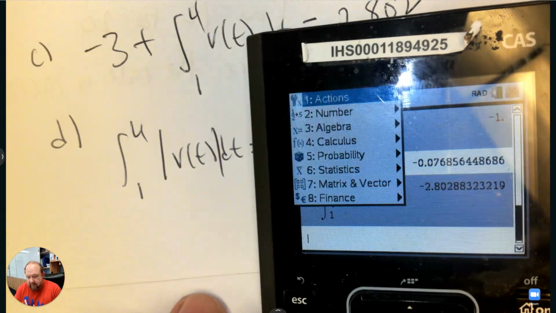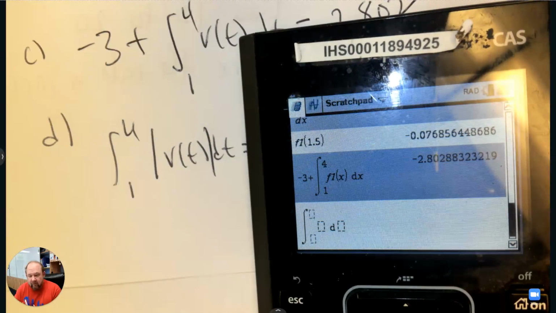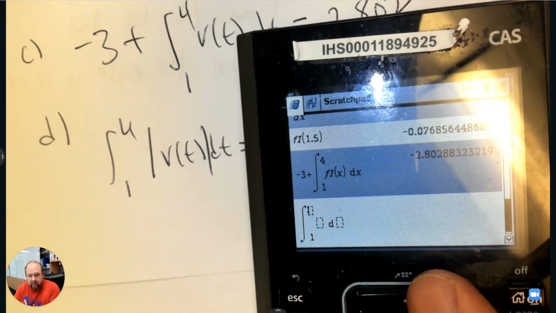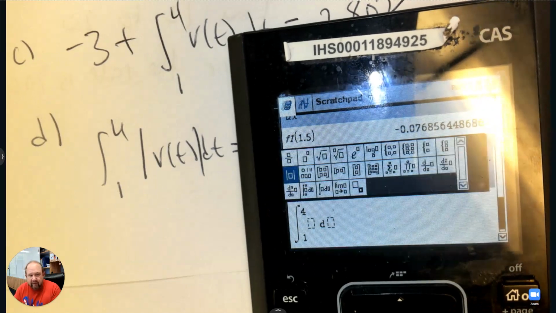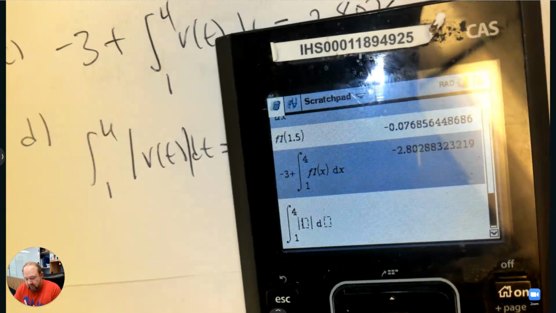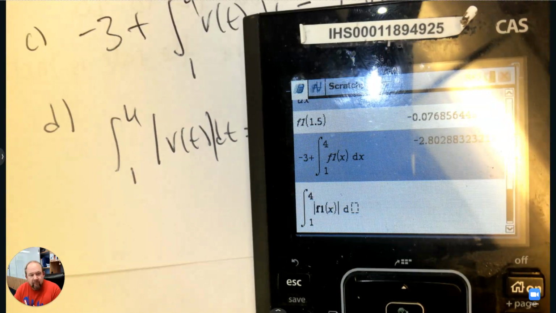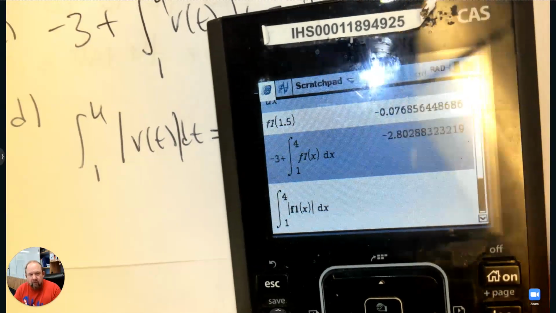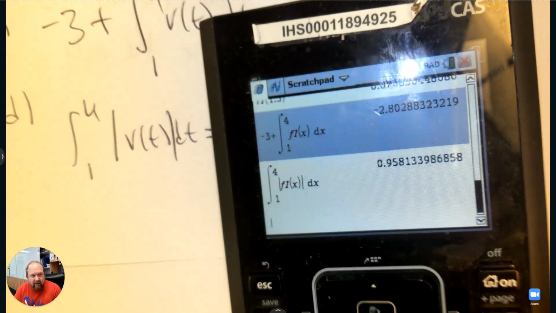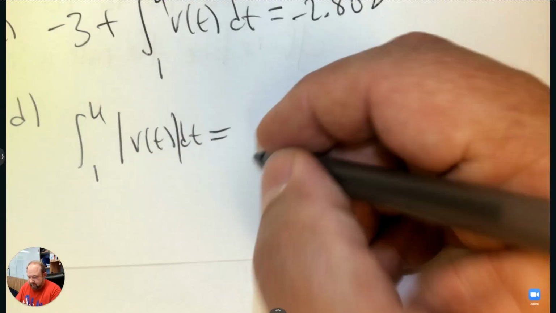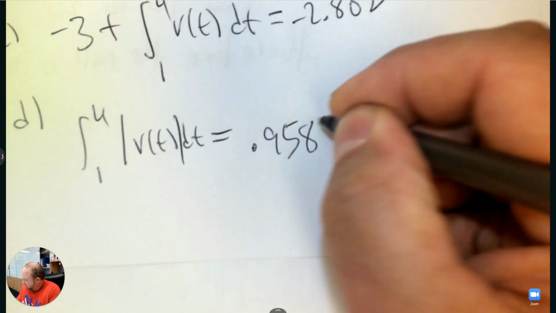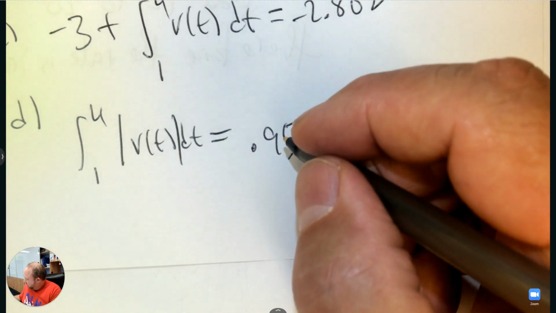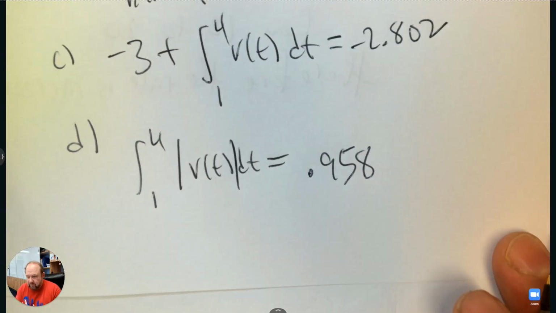To do that, again, menu, calculus, integrate, and we're going to go from 1 to 4. Then the absolute value, and I just type in f1 at x dx, and then control enter, and you get 0.958. All right, number 2 is done.